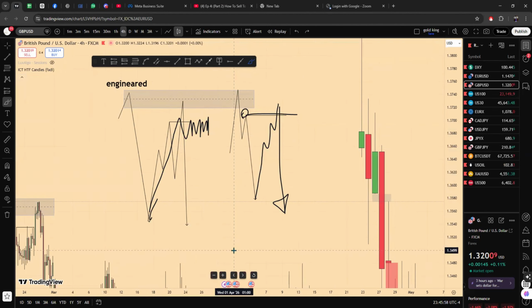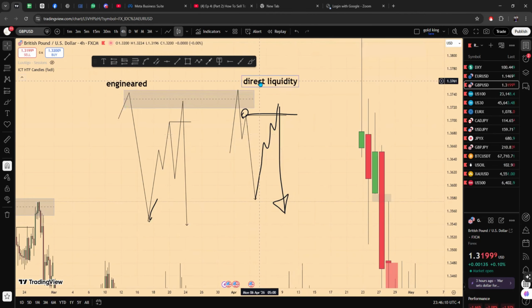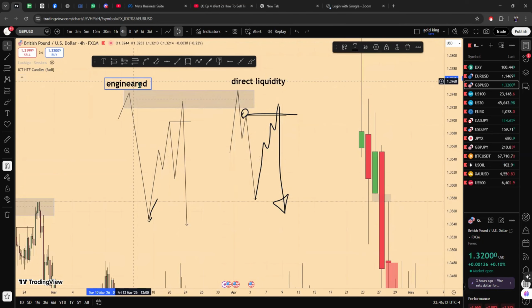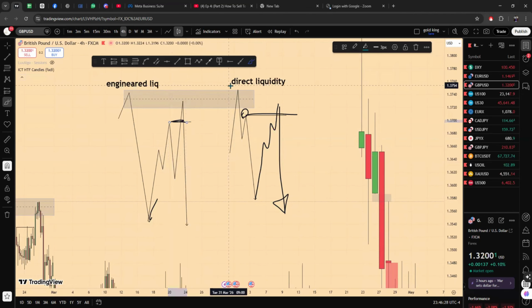So we always have two scenarios: either we have direct liquidity or we have engineered liquidity. This is very important for you to note. When you have your point of interest in the case of engineered liquidity, expect this. If your point of interest is in the case of direct liquidity, you can expect this as well.